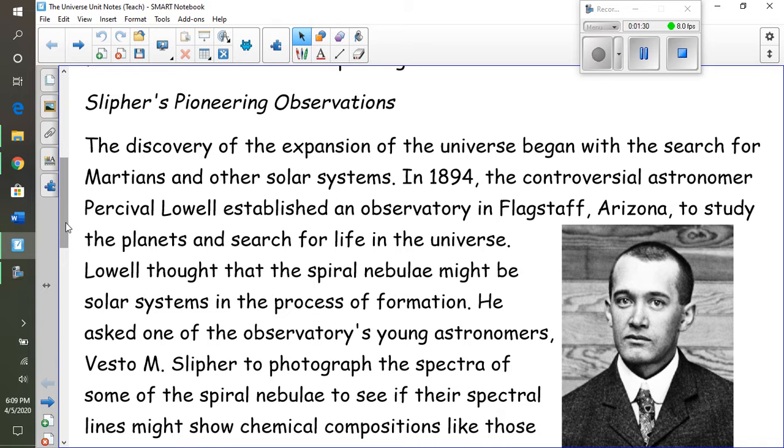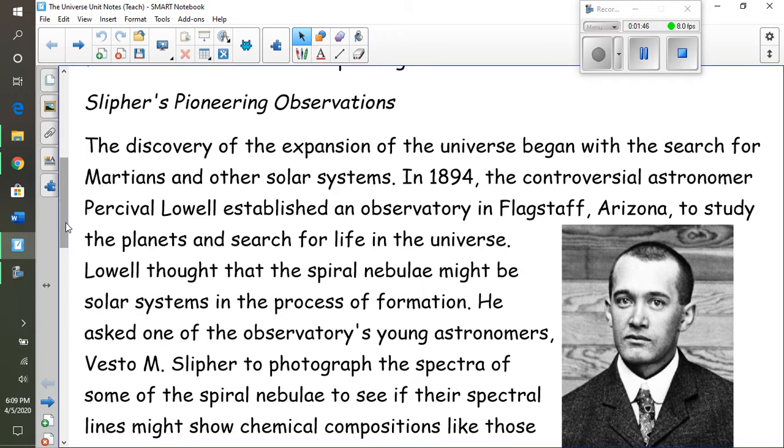And Lowell thought that the spiral nebula might be other solar systems in the process of forming. Again, 1894. This is before we realized what a galaxy was and that there were other galaxies.